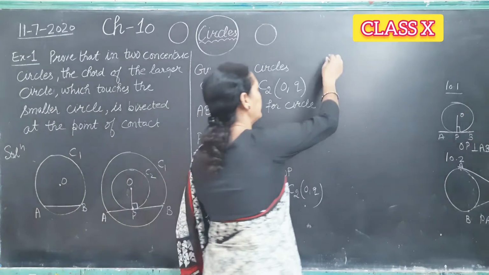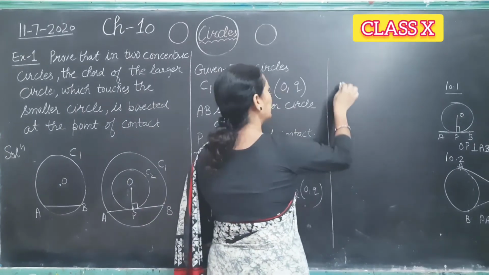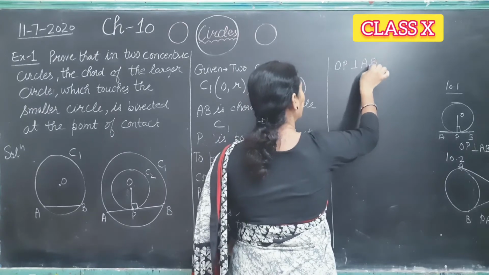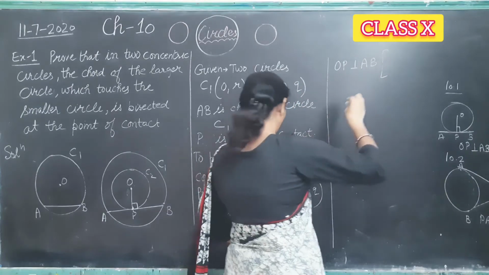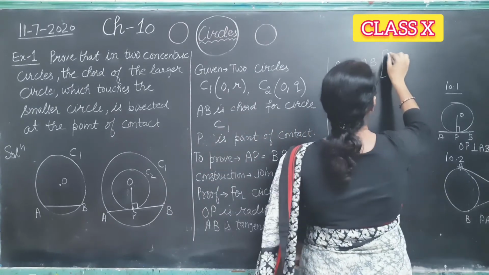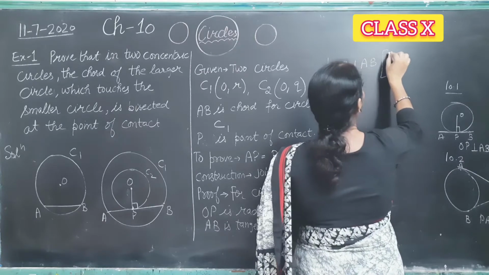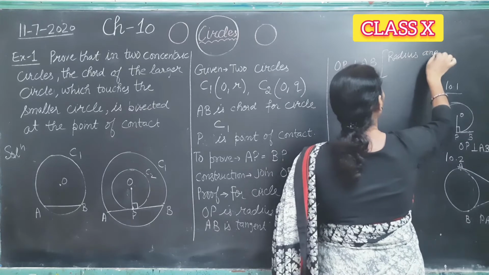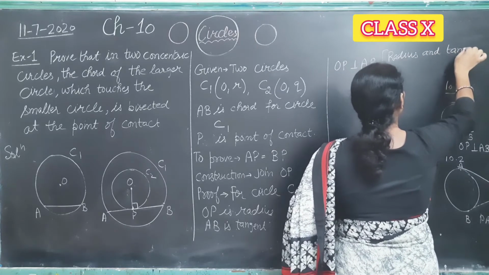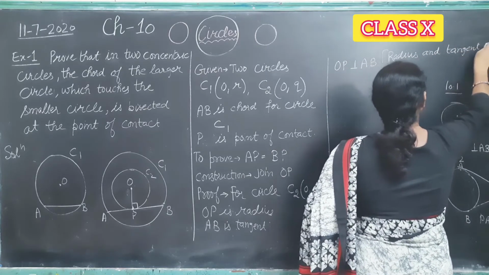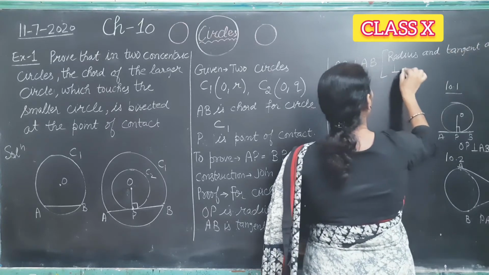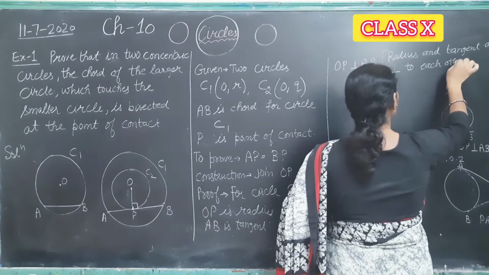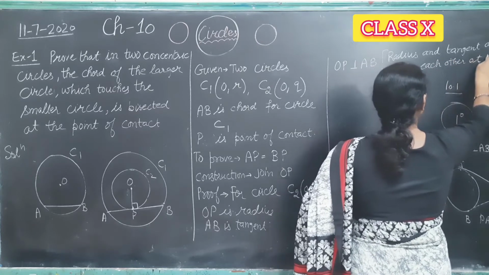So we will have that OP is perpendicular to AB using theorem 10.1: radius and tangent are perpendicular to each other at the point of contact.